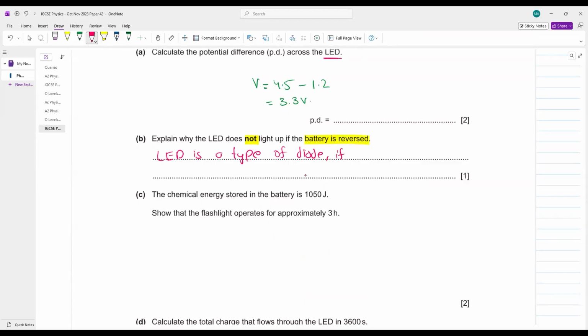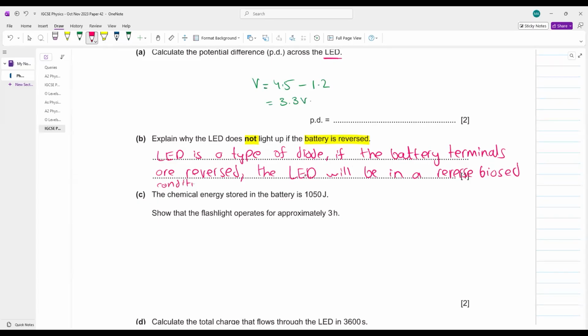If the battery terminals are reversed, the LED will be in a reverse biased condition, allowing no current to flow.